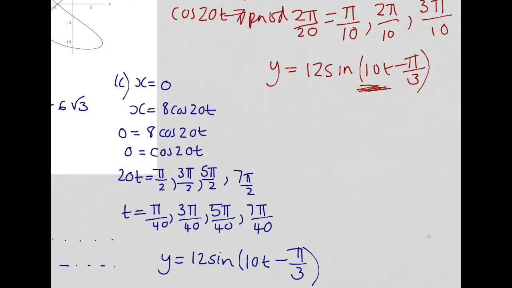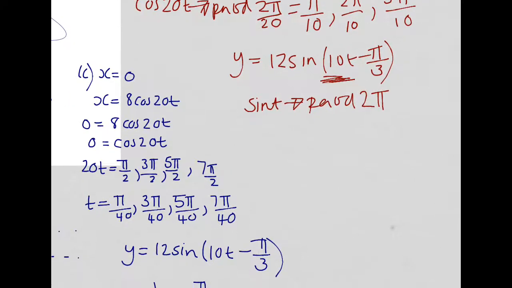So if we know that sine t has a period of 2 pi, then the key bit here on how quickly it repeats is that part, because as I'm going to say again, adding or subtracting in the bracket just shifts the graph. It would still repeat the same amount of time, because if you draw a graph from a point, it would still be 2 pi. If you move that point, it's still 2 pi.